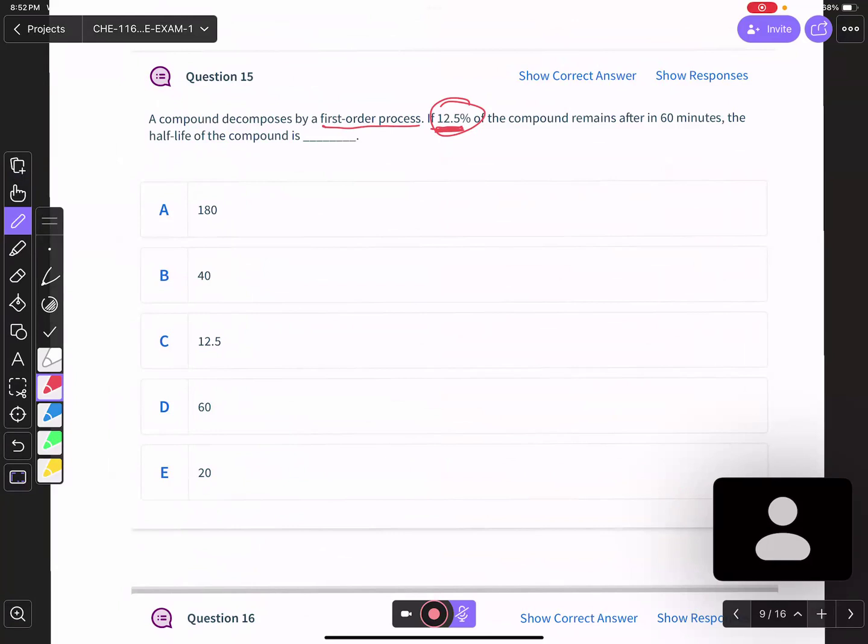So I'll show you the easy way, and then I'll show you the other way in case the easy way is not an option. We can only do the easy way in this case because if you start with 100% of the material, after one half-life you'd have 50%. So there's my first half-life. My second half-life would leave us with 25%, and my third half-life would leave us with 12.5%.